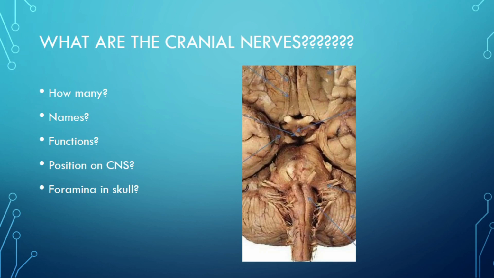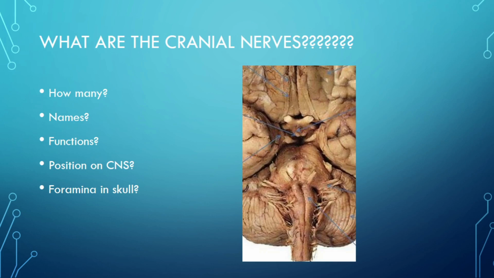So, thinking about the cranial nerves themselves, there are a few questions that we ask ourselves when we're discussing the cranial nerves in an anatomical context. So we want to know how many are there. So there are 12 pairs, 12 on the right, 12 on the left. What are their names? I'll give you an overview in a little minute.